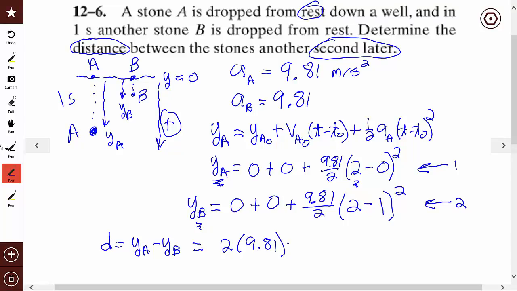That's where y A is, minus this guy, which would be 9.81 over 2 times 2 minus 1, which is 1, squared is 1, so this would be 9.81 divided by 2. So you subtract that, and that's your distance, which you can get with your calculator.